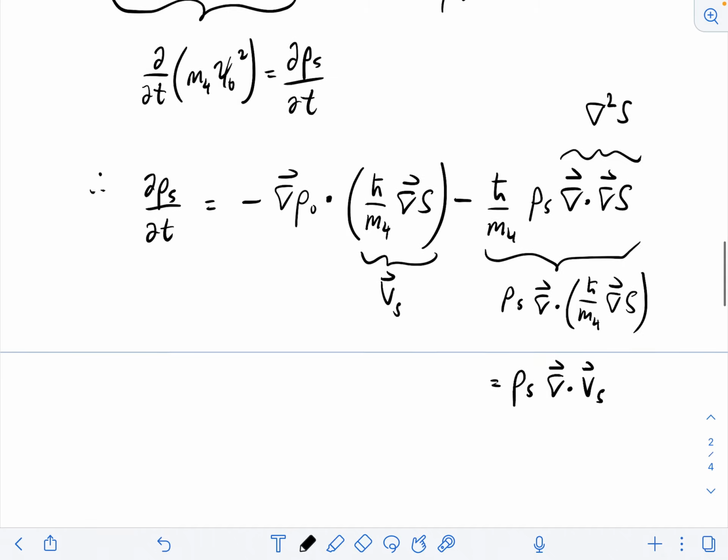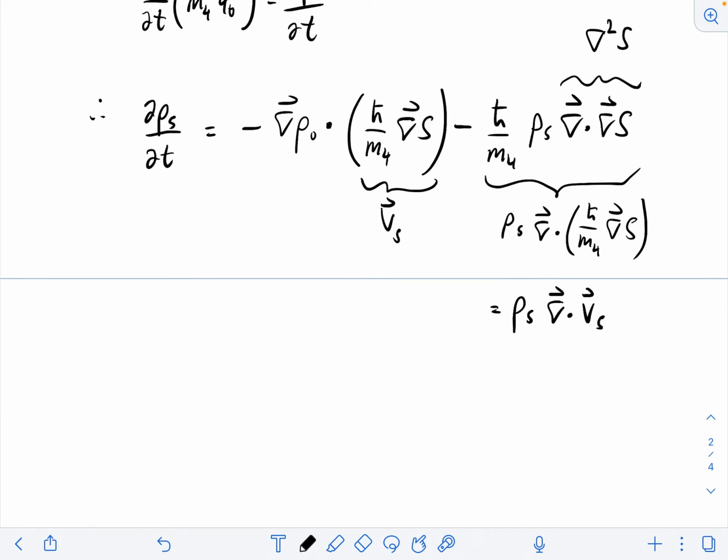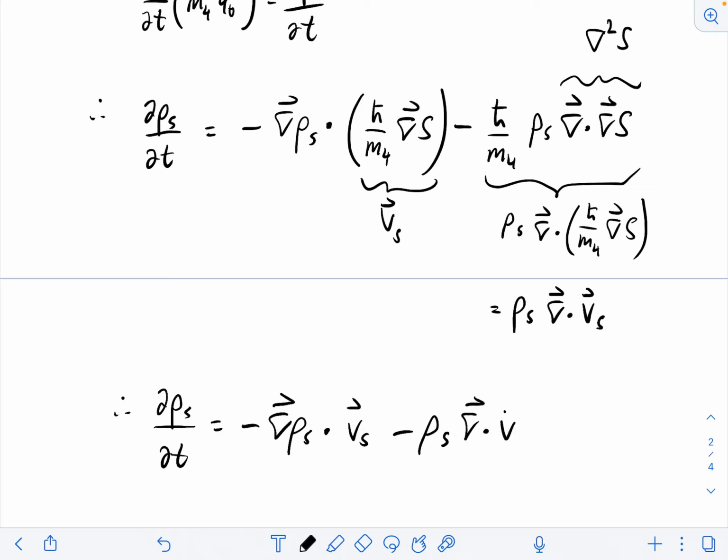So finally, collecting everything together, we have d rho s dt is equal to minus the gradient of, there's a typo here, this is a rho s dotted with Vs, and then we have minus rho s times the divergence of Vs.